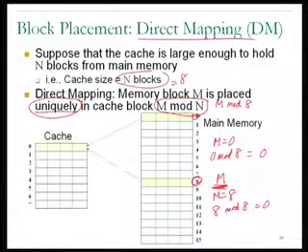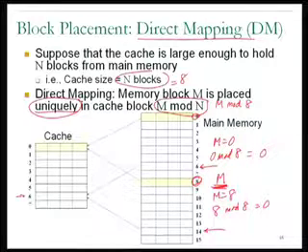Okay, now just as another simple example, if I am concerned about which main memory blocks could map into cache block 6, it will be easy for you to see that both main memory block 6 and main memory block 14 have the property that m mod 8 is equal to 6, because 6 mod 8 is equal to 6 and 14 mod 8 is equal to 6.